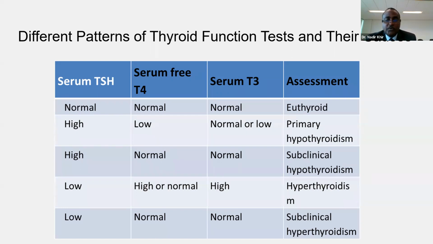It's high or normal, and the T3, as we said, in hyperthyroidism most of the time is high, and this will take us to hyperthyroidism. Hyperthyroidism: low TSH, high T4, high T3, but T4 sometimes can be normal. If you have low TSH and the T4 is normal, T3 is normal, again, this is subclinical hyperthyroidism.